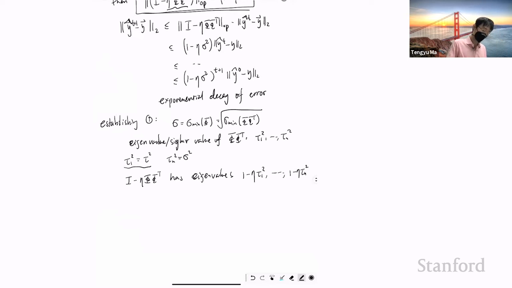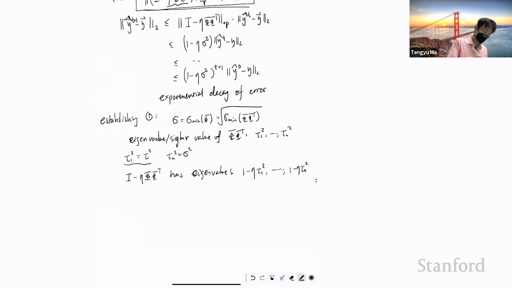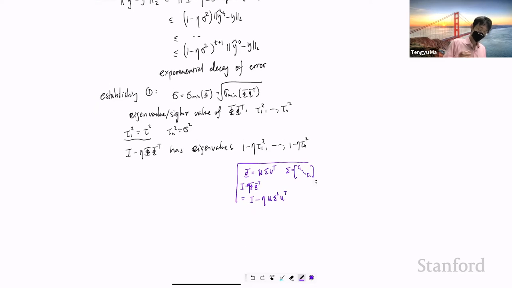There are many ways to see this. For example, the best way for me to see it is always to take the eigen decomposition. You say phi is U sigma V transpose, where sigma is the matrix with tau 1 up to tau n, and then I minus eta phi transpose phi is just I minus eta U sigma square U transpose.